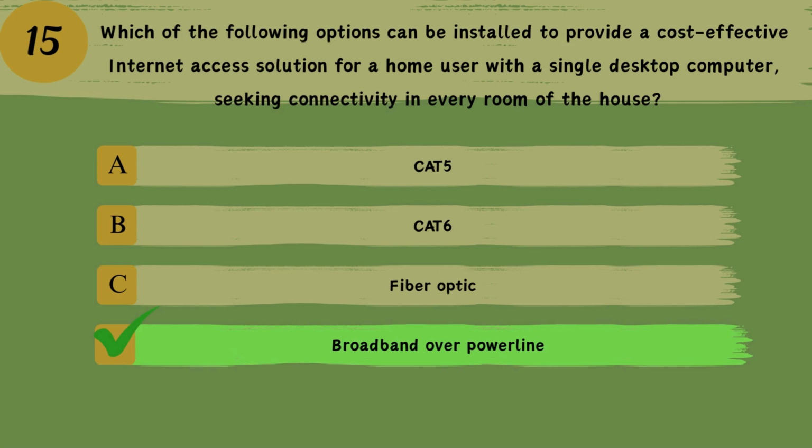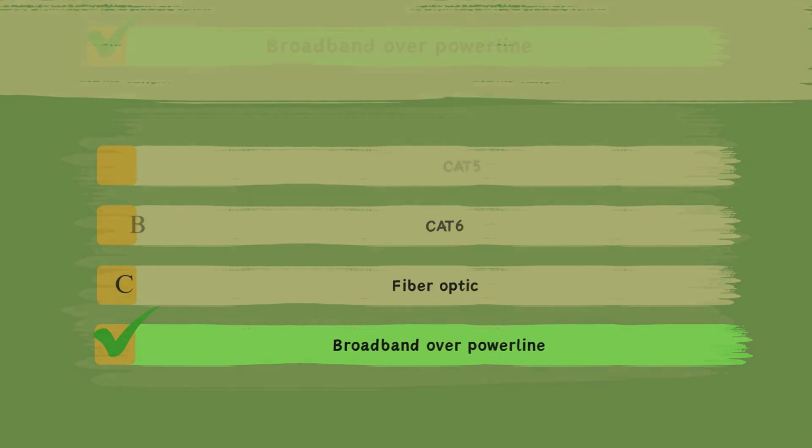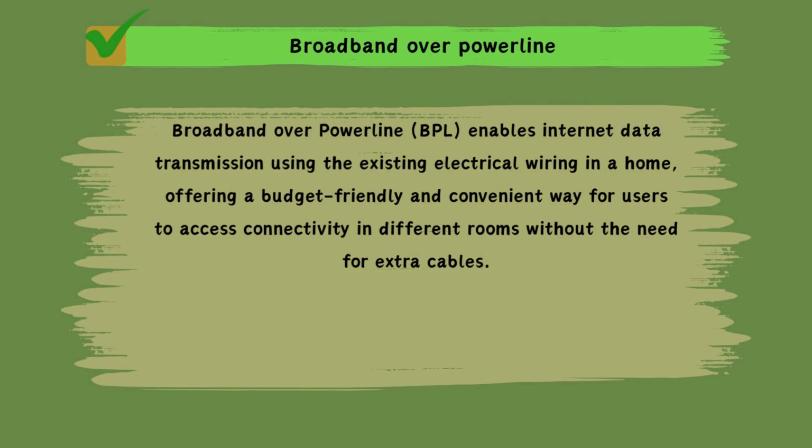Correct answer, D. Broadband over power line. Broadband over power line enables Internet data transmission using the existing electrical wiring in a home, offering a budget-friendly and convenient way for users to access connectivity in different rooms without the need for extra cables.